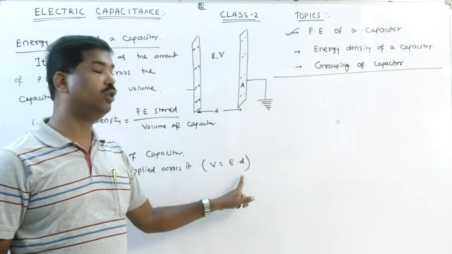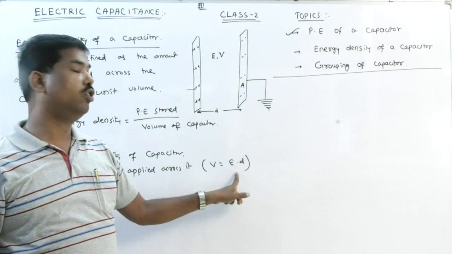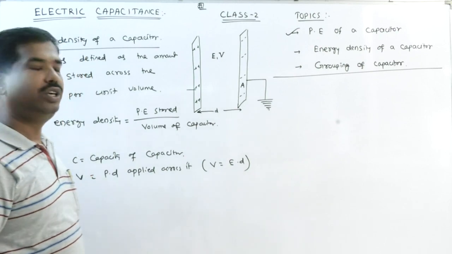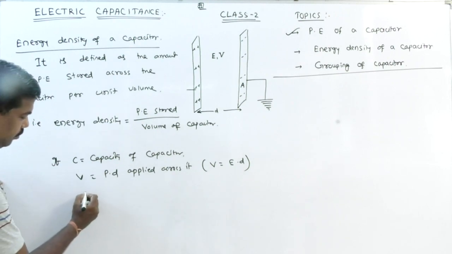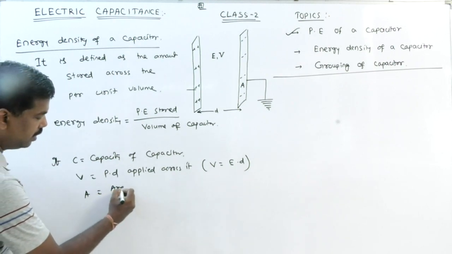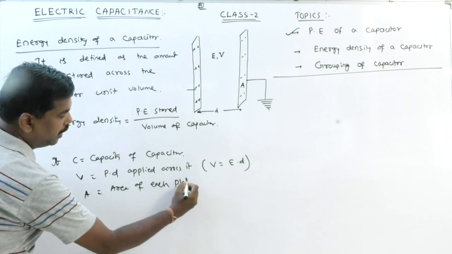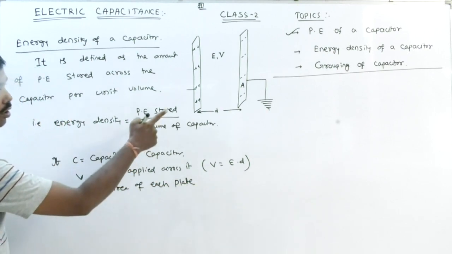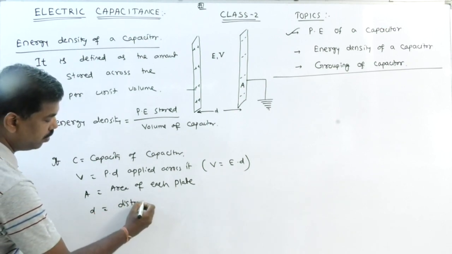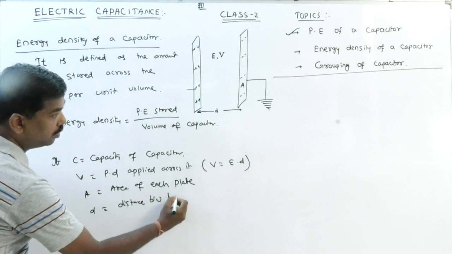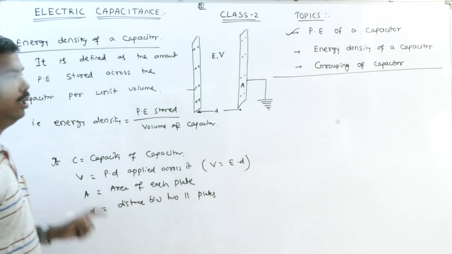As we know, V is the negative line integral of electric field, or by integrating this we get V equal to E into D. A is the area of each plate, clear? And D is the distance between two parallel plates, clear?